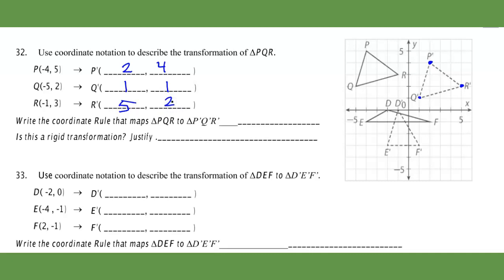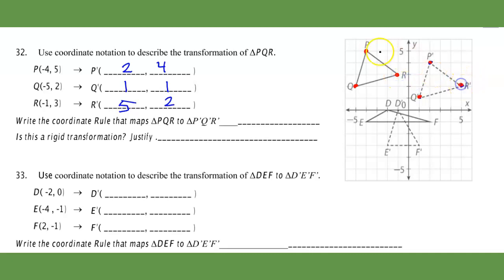Okay. So what is the rule that maps? Okay, so we want to look and see what kind of motion is going on here, what kind of transformation. So we can see P is starting here, and here's P prime. Here's where we're starting, the pre-image. Here's our image.